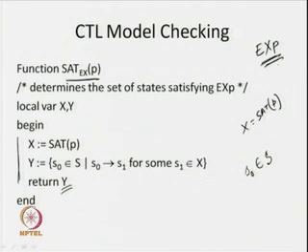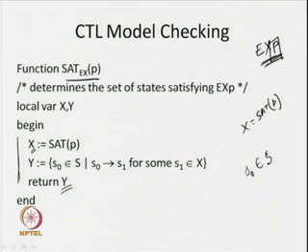So, this is a very simple algorithm. Given the formula, if we know the sub formula P, we must know the labeling of this sub formula P. So, we first collect those states and call this my X, because we are calling the satisfiability function with P only for EXP.